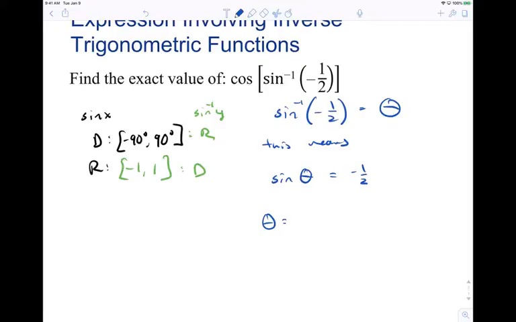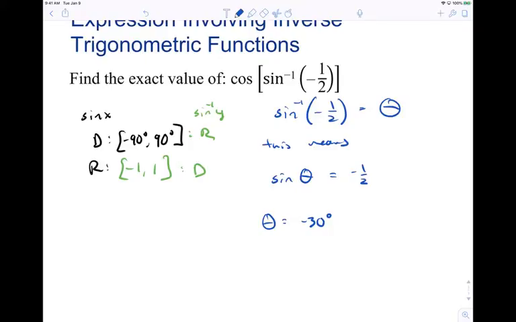I was about to say 330 as well, but if we drop down by 30, instead of 330, what's the coterminal angle? Negative 30, because it's negative 90 to 90. It's just to force it to be in that range. So theta should be negative 30 degrees. Let me think if I did this right.